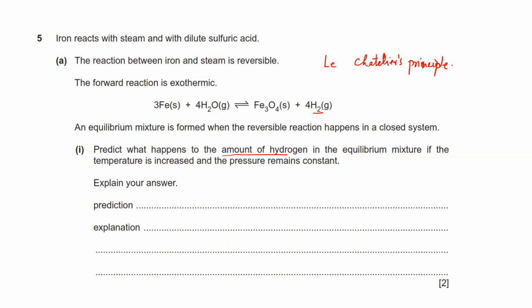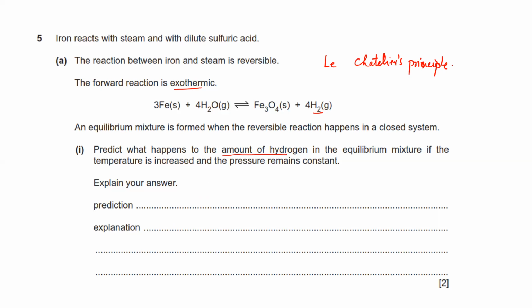We say that the forward reaction is exothermic. The system will basically try to compensate that, in order to compensate, the system will move in the backward direction.